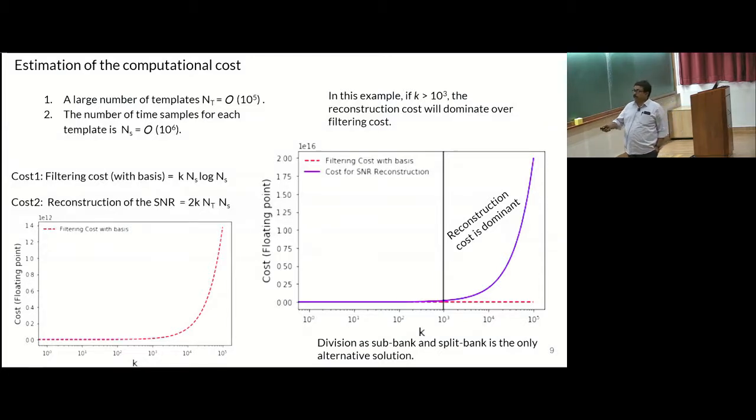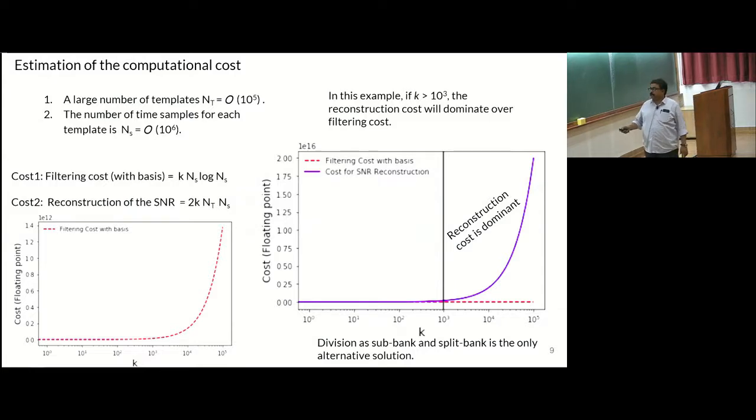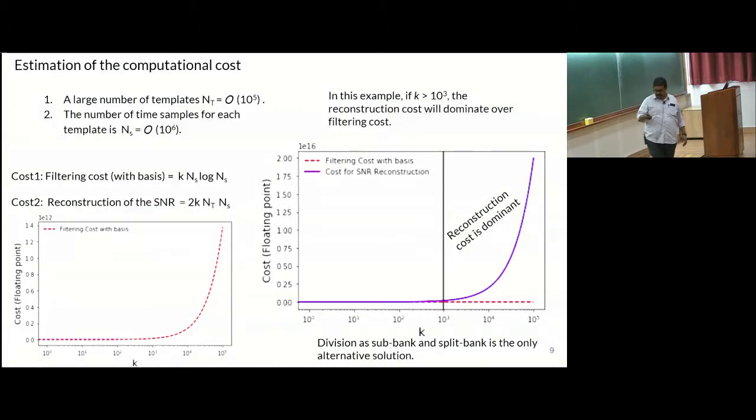So this is an open problem. And one of the ways by which this can be controlled is to divide the template bank and split it into many sub-banks, and that we can have a good handle on this very dominant reconstruction cost. And this is basically at the heart of the GstLAL pipeline. And the reason is this.